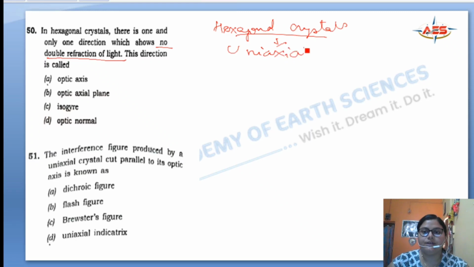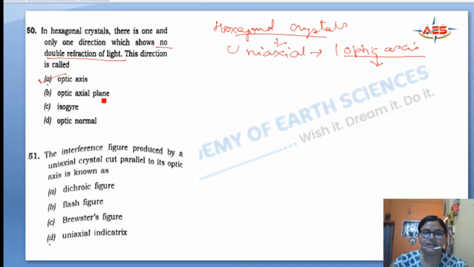Uniaxial means they have only one optic axis, and the optic axis is the direction along which there is no double refraction. So it is given that in the case of hexagonal crystal, there is one and only one direction along which there is no double refraction. So optic axis is that direction.